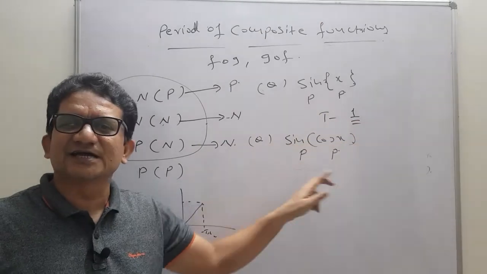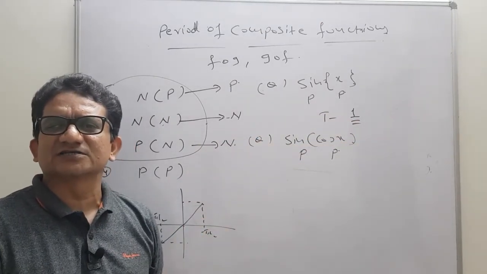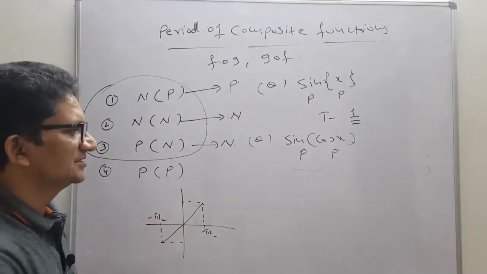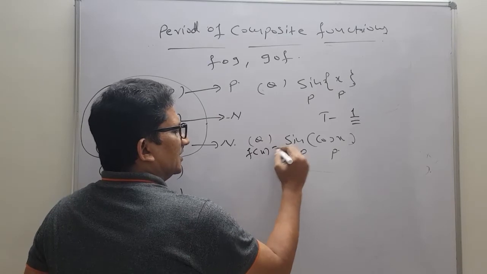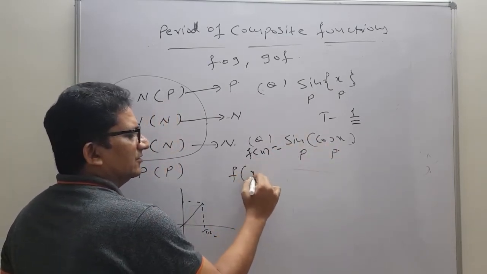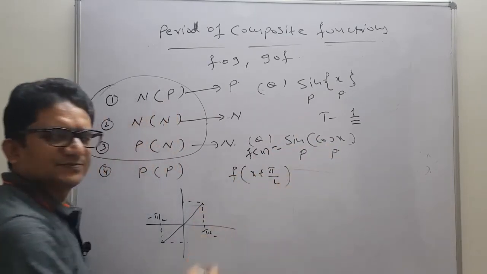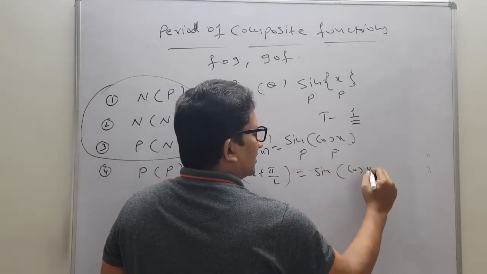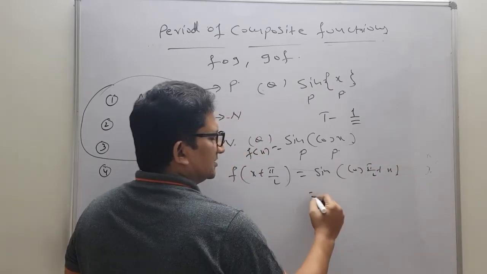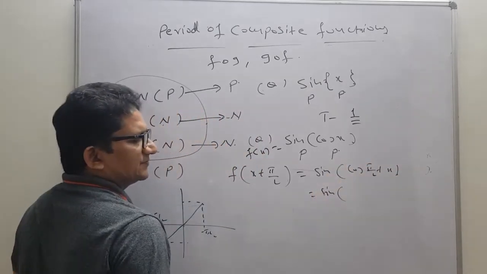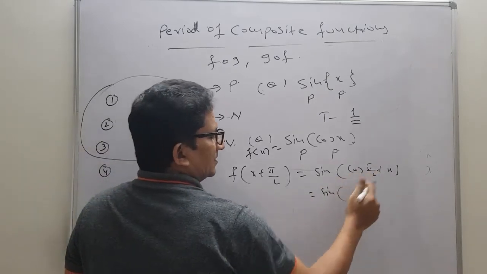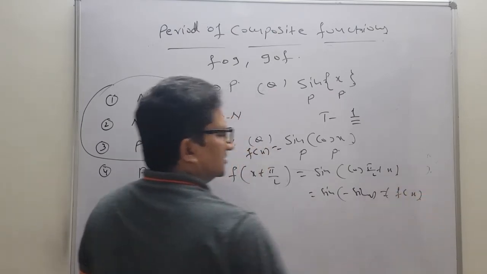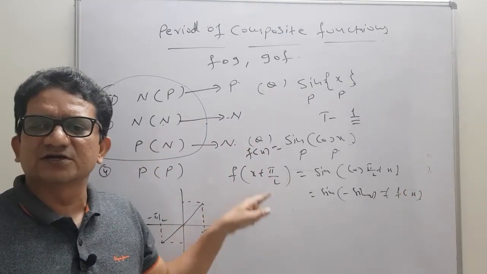We consider it a special case of trigonometric functions, and there is a simple technique: if this is f of x, to find the period we apply f of x plus pi by 2. That gives sine of cos of pi by 2 plus x, which is sine of minus sin x, since cos 90 plus x is minus sin x. So this is not equal to f of x.